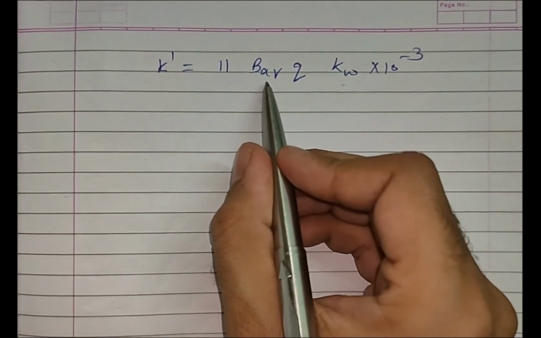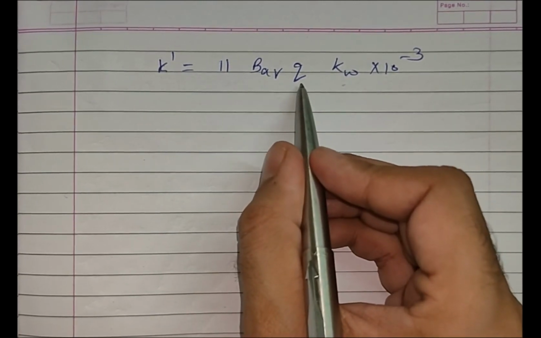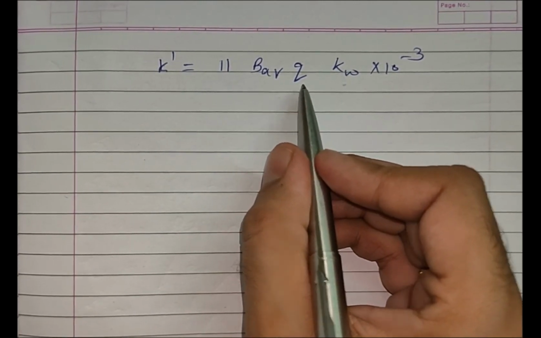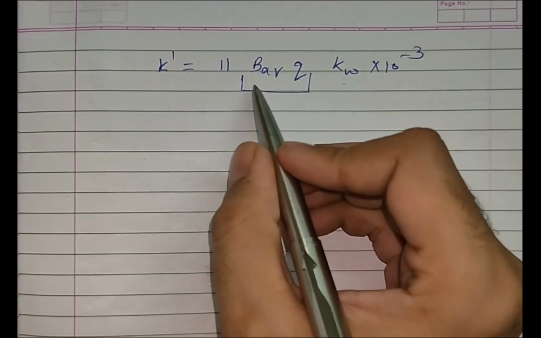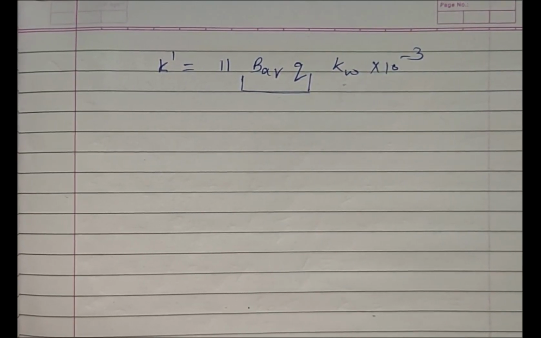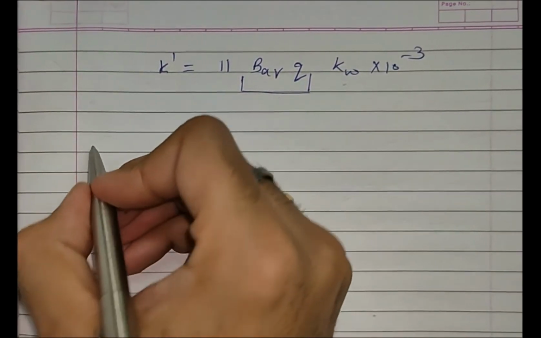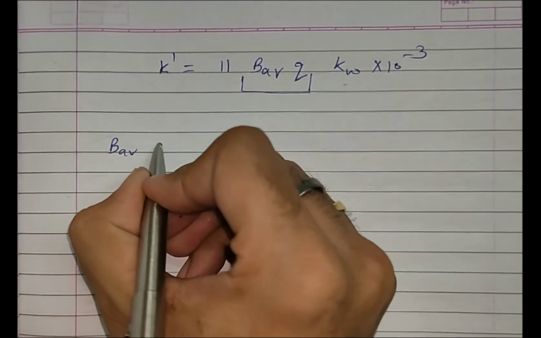We know that BAV is specific magnetic loading and Q is specific electric loading. So the product of BAV and Q gives us the specific loading constants.